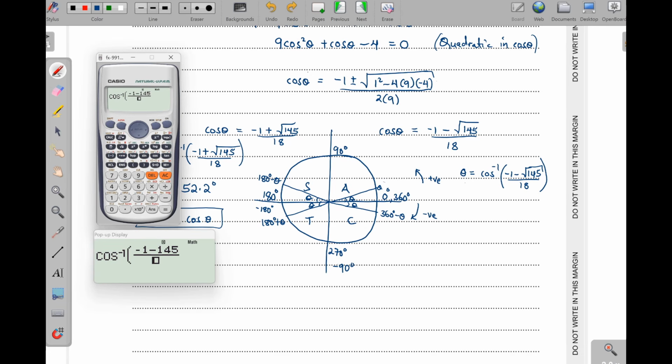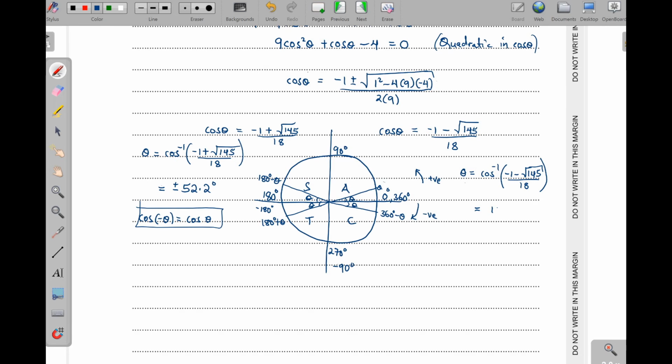Okay. Arc cos of negative 1 minus the square root of 145, then out of 18. This one gives us 136.4 degrees. So you are moving up to here. It is in the second quadrant. The same way you will move like this.